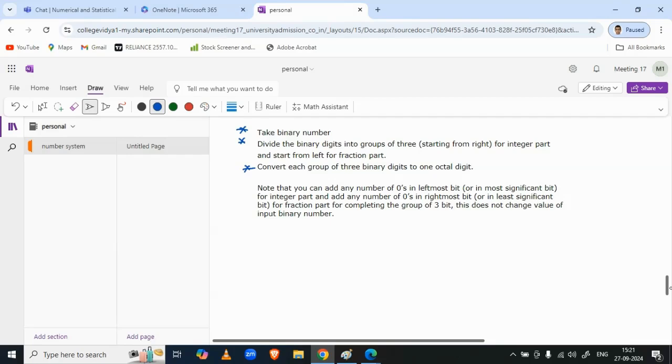So how will we perform binary to octal conversion? Let us consider one example for this. Suppose 1011.11010 is the number, and we have to convert this number into an octal number.